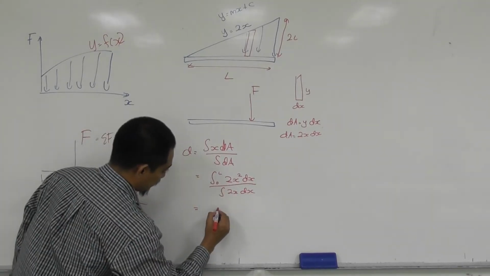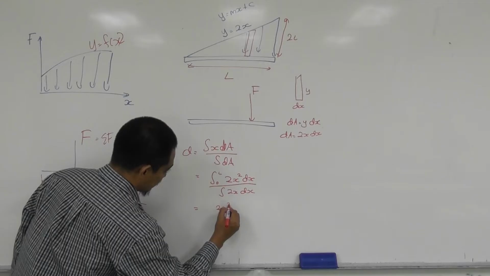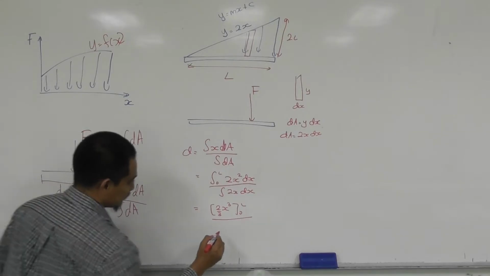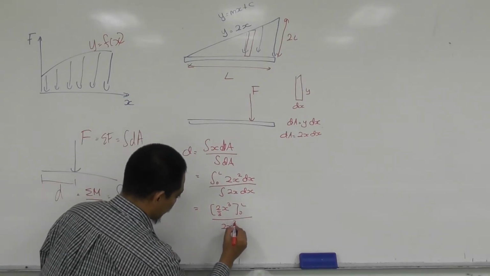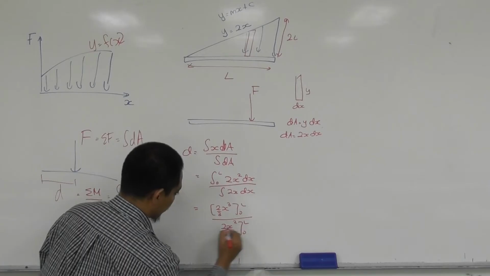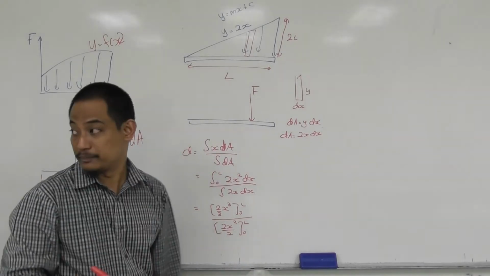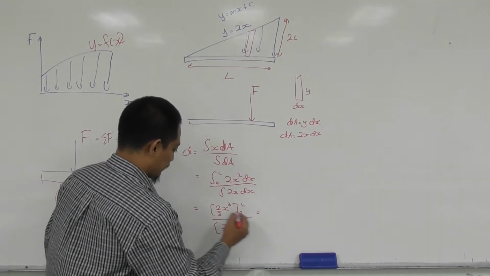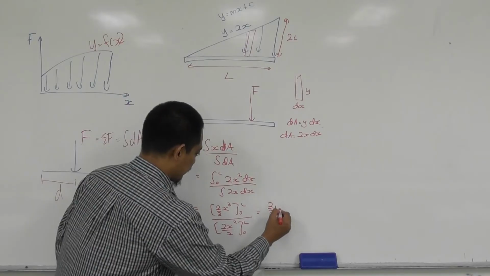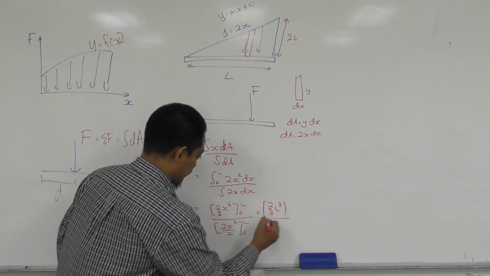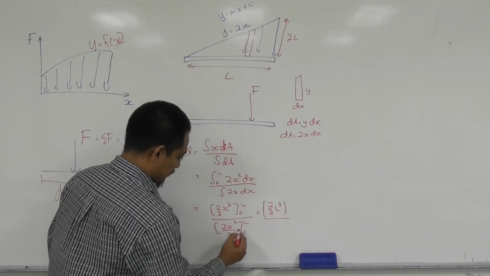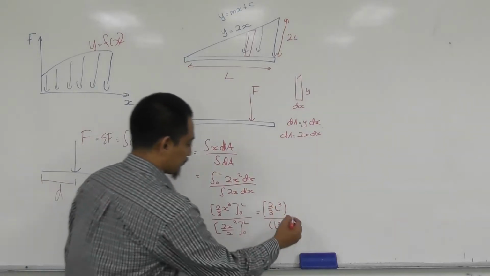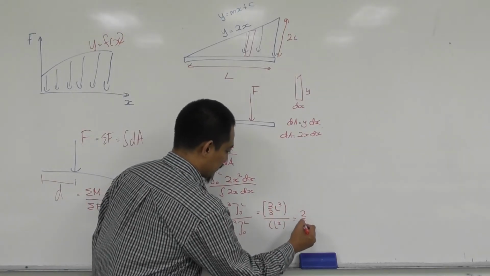So you get 2x cubed over 3, 0 to L, over 2x squared over 2, 0 to L. If you calculate this, you get 2 over 3 L cubed over L squared, so if you divide, you'll get 2 over 3 L.